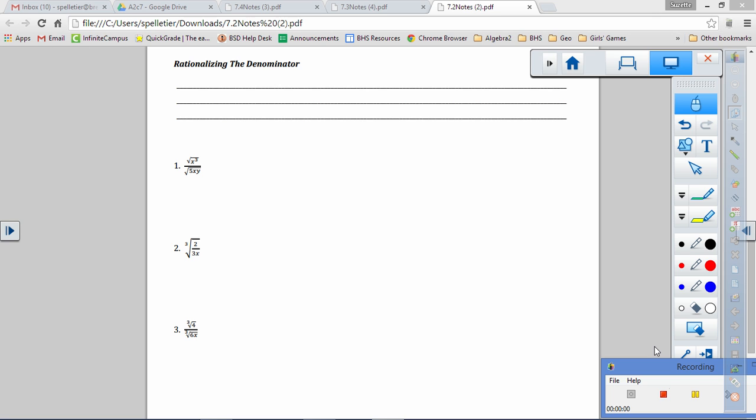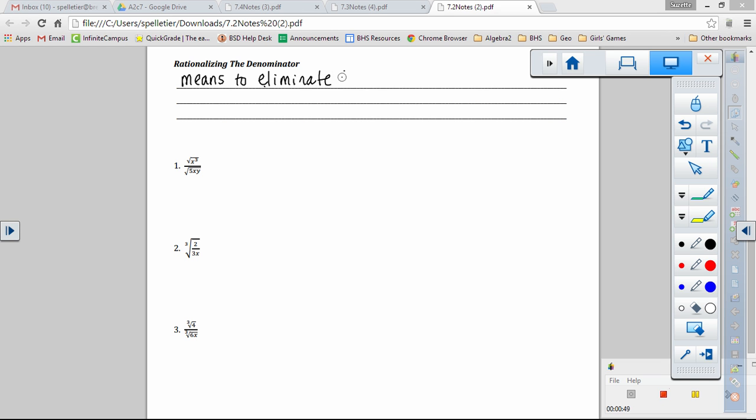And so when you have a square root in the denominator, you multiply by exactly what you see because you're squaring a square root. So we're going to have to think about that inverse thing. So when you're rationalizing the denominator, what does that mean? It means to eliminate the radical in the denominator.